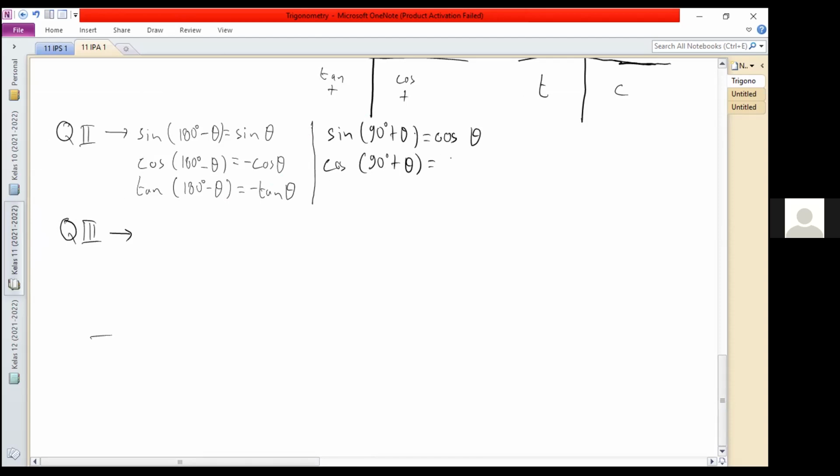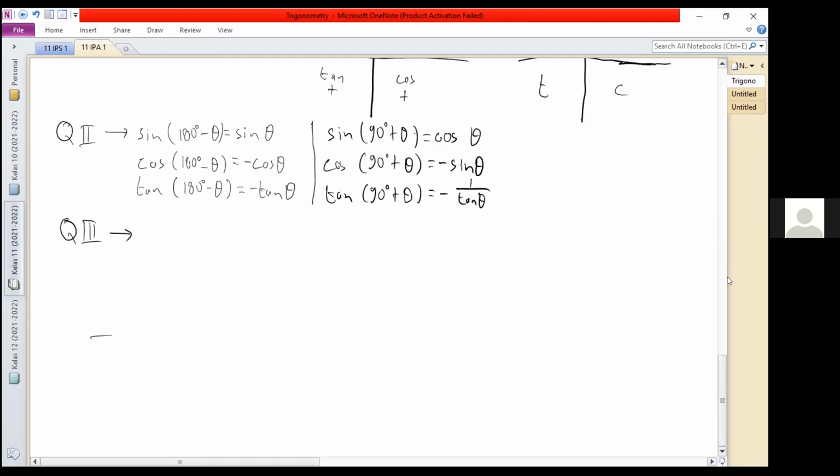Cosine of 90 degrees plus theta is negative sine of theta. And the tangent of 90 degrees plus theta equals negative 1 over tangent of theta. Okay, that is for the second quadrant.